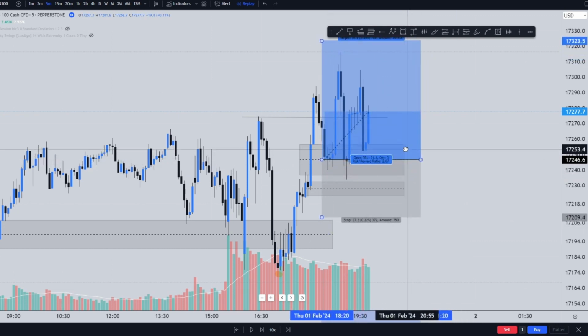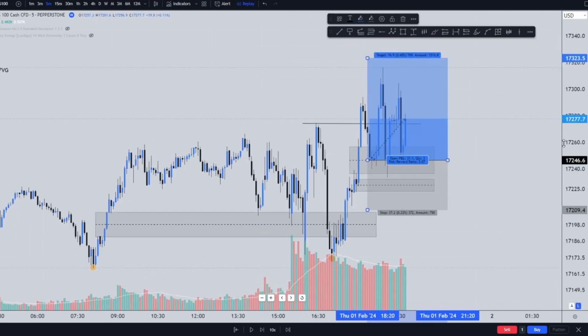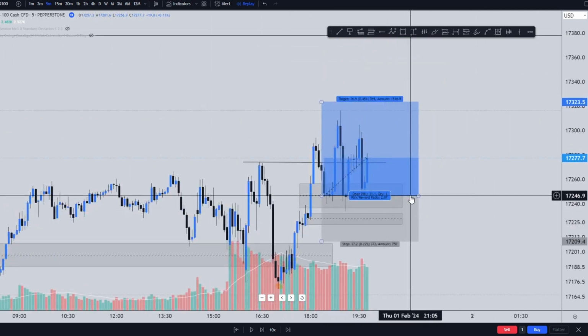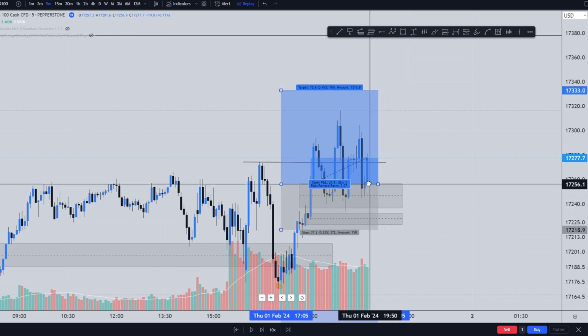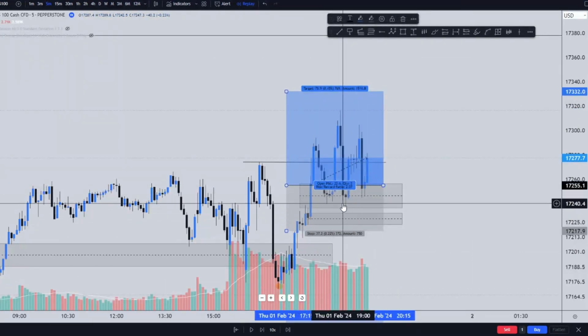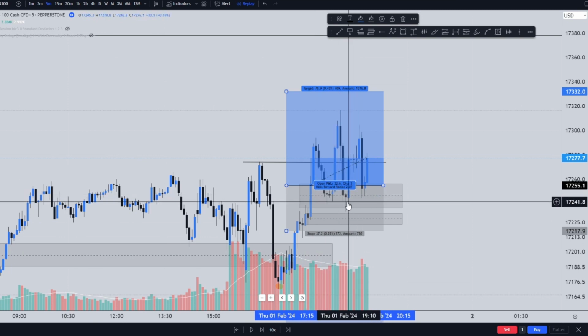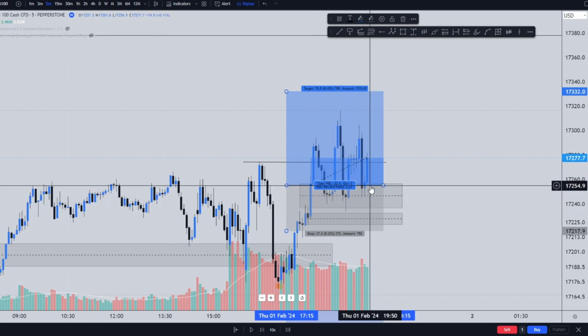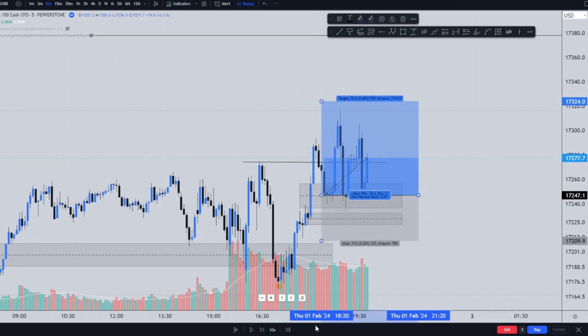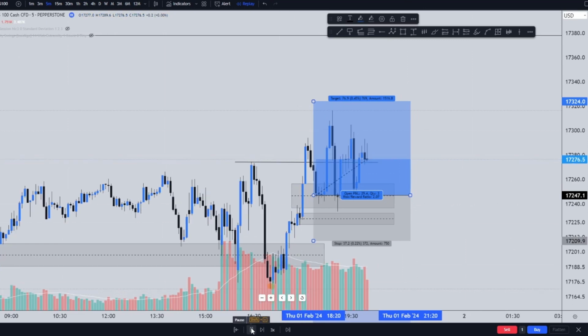But let's say we still took this one, because if you put it down here, there is a risk. Imagine this candle would not have happened to take out that liquidity here, or to create even more liquidity. We would not have been triggered into our entry. So let's see what the position is doing.